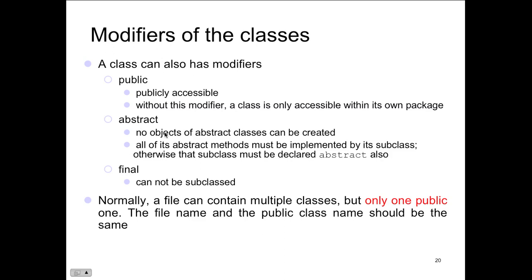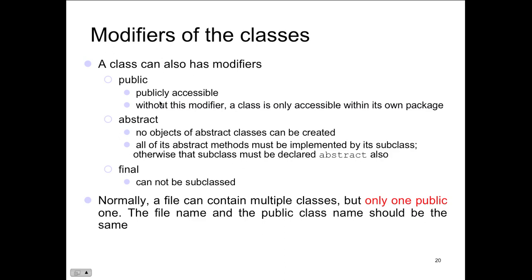It can only be used as an interface. With final, you can't make subclasses, which means you stop the inheritance because you don't want that class to be inherited. So final is very restrictive: it can't be subclassed. Abstract: no objects of abstract classes can be created. All of the abstract methods must be implemented by the subclasses, otherwise the subclass must be declared abstract also.